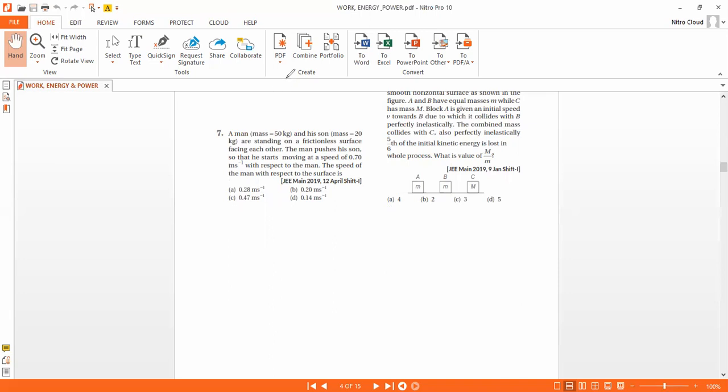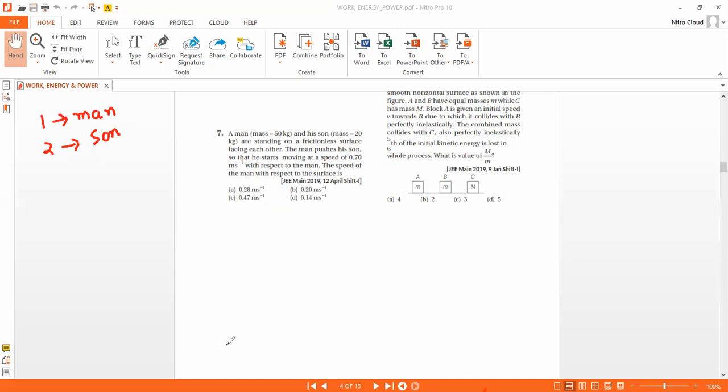Here I will consider 1 as the man and 2 as the son. When a man pushes his son so that he starts moving at a speed with respect to the man, after the push the son is moving along the line of impact, with no change in direction.